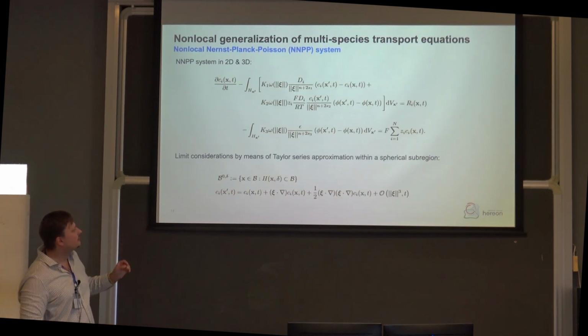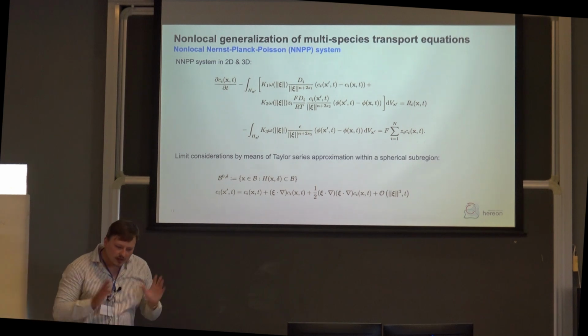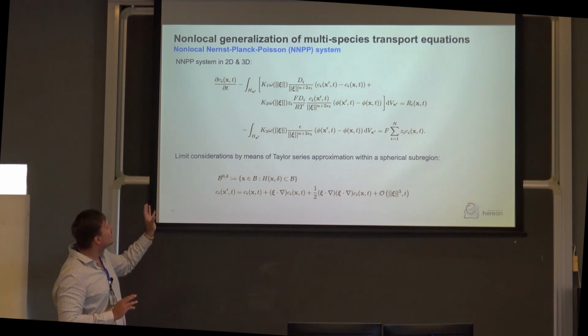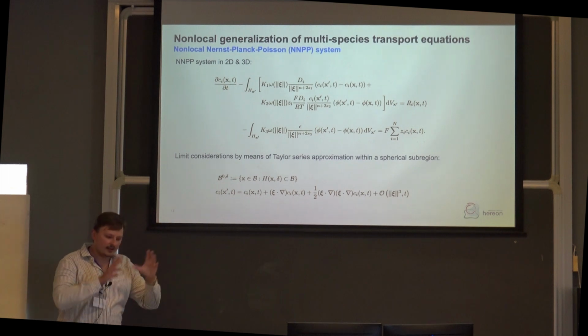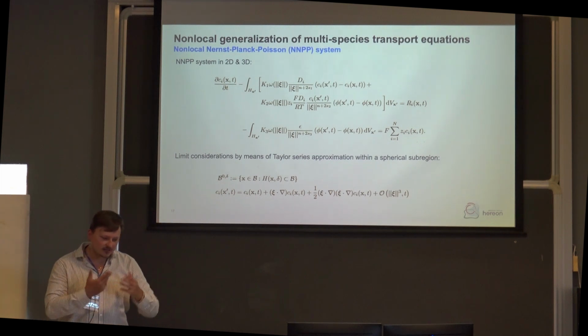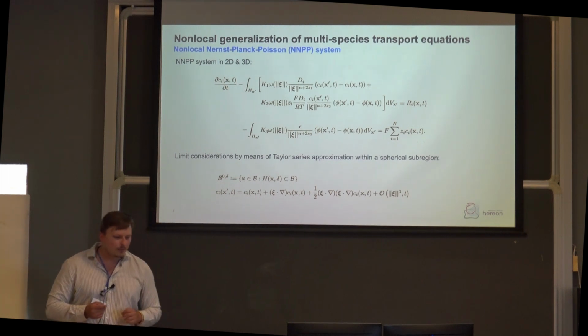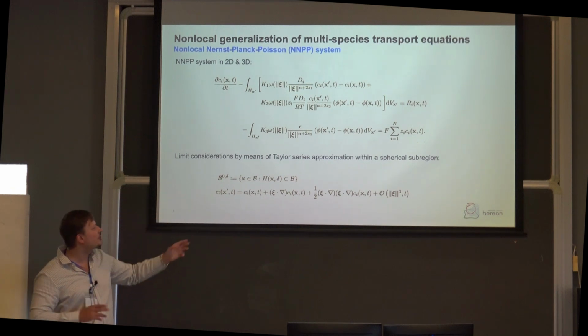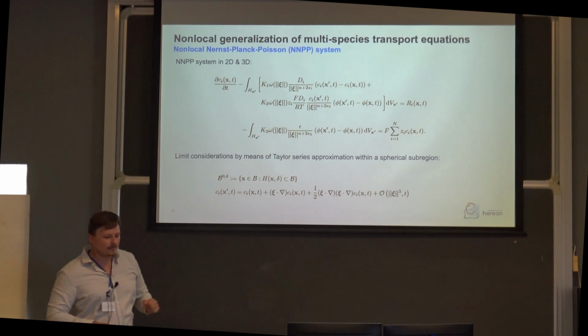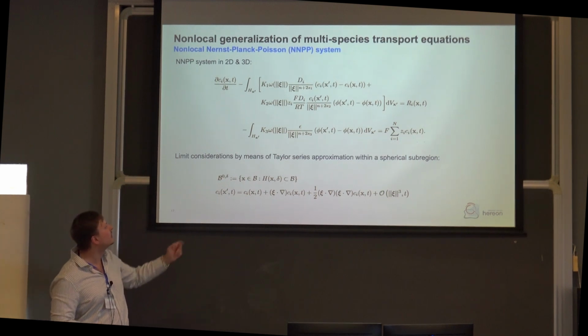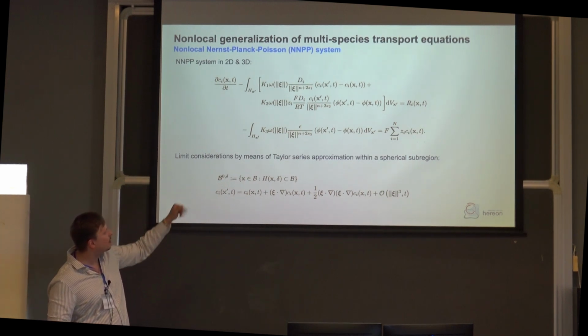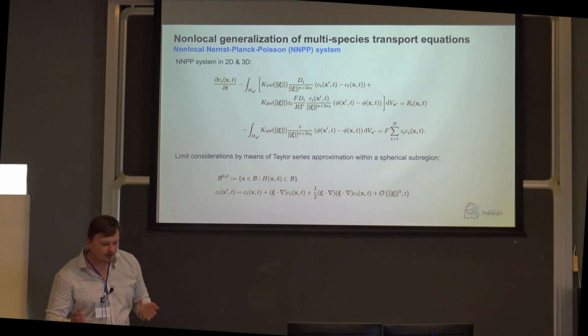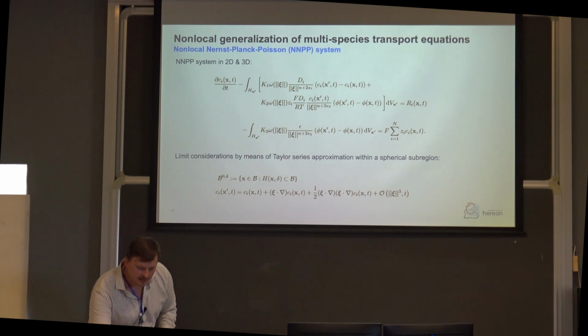Afterwards, we are also not going to get into too much detail, but we slightly modified the equation to have a general set of these non-local Nernst-Planck-Poisson systems. The only difference here is that we consider general influence functions, thus we can modify the kernels, the integral operators, to have it slightly more general, but the structure in the end is the same.